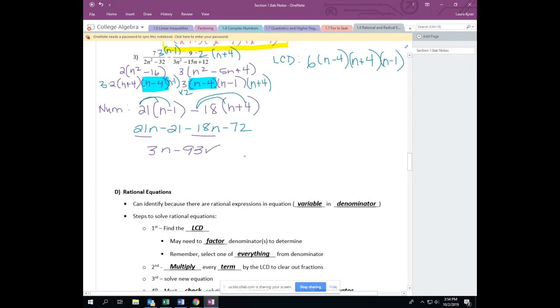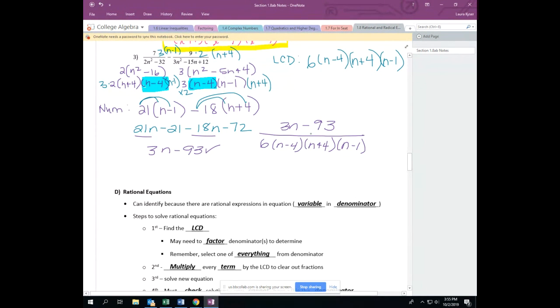And now that's my numerator all done. I'm going to come over here to the side and put it all together. This is 3n minus 93 all over 6, n minus 4, n plus 4, n minus 1.